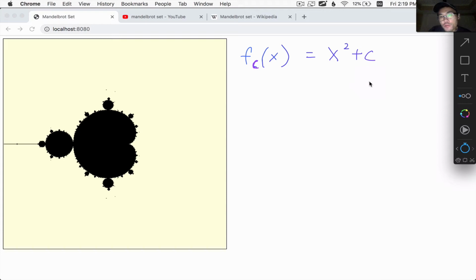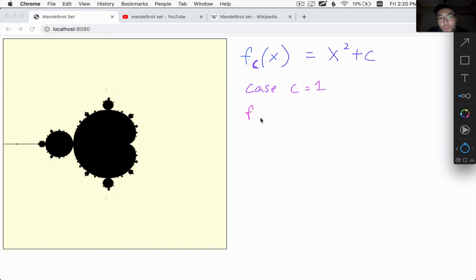And what you do with this is you choose a c as the constant. So let's say we choose the number 1 as c. So for the case c equals 1, you're gonna do this infinite iteration thing where you plug in 0 for x here.